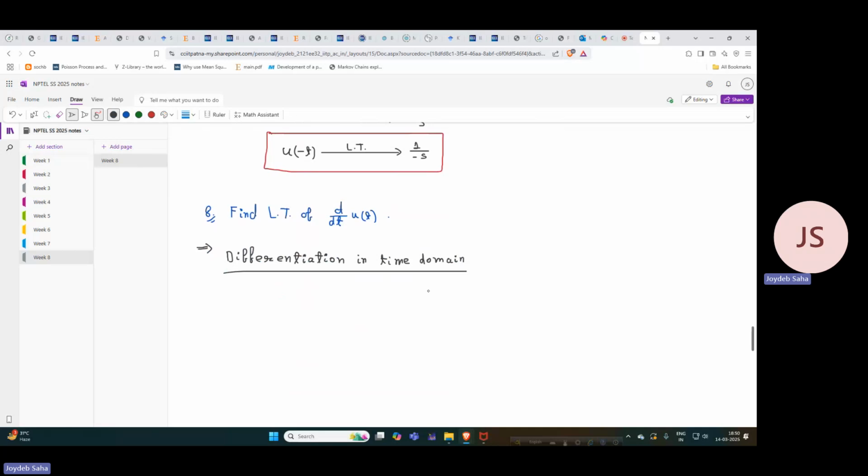So let us solve this. Let us know the differentiation in time domain property.